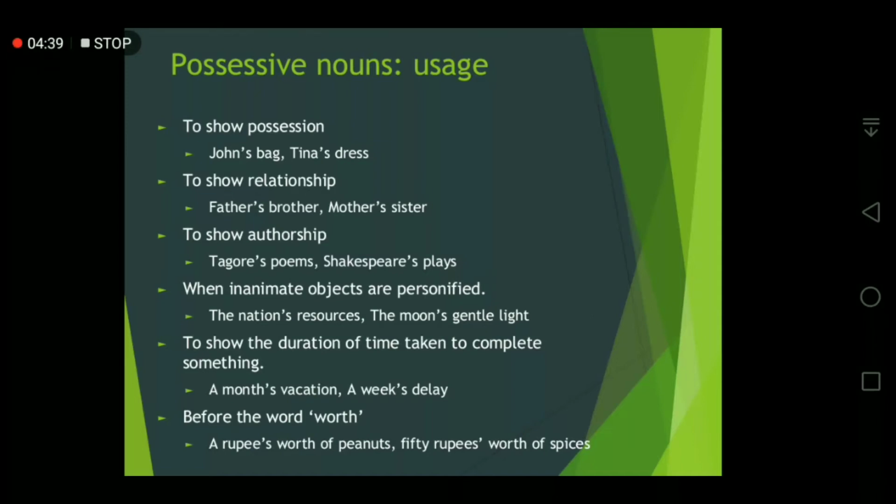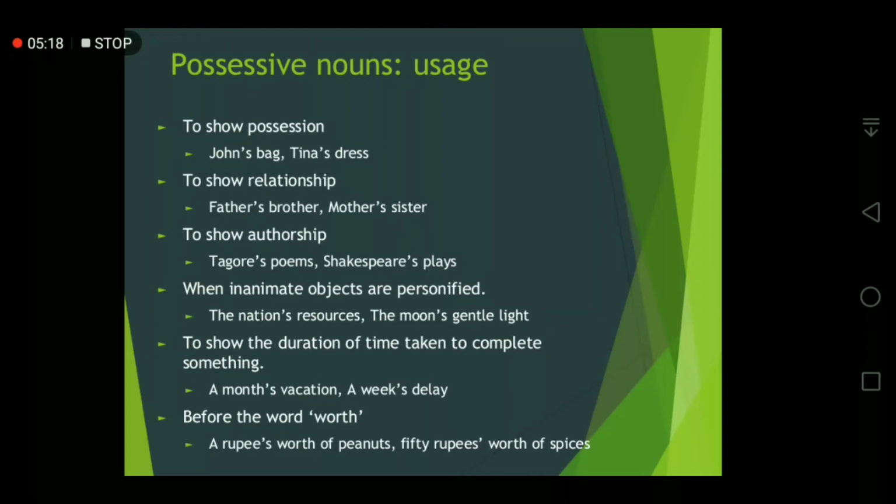Then to show the duration of time taken to complete something. If you are trying to do some work and it takes so much time to complete it, you can express it using possessive nouns, like a month's vacation, a week's delay.